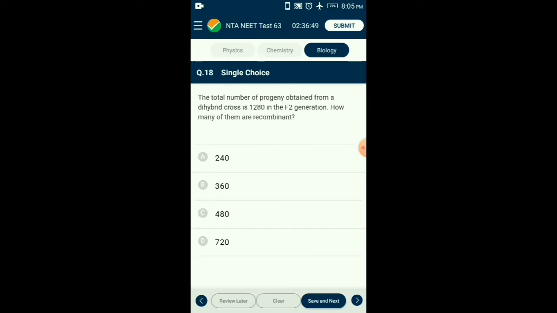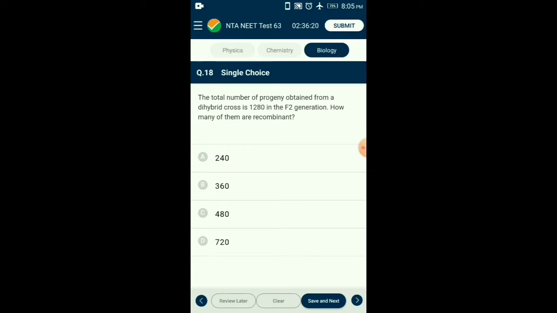Question number 18. The total number of progeny obtained from a dihybrid cross is 1280 in the F2 generation. How many of them are recombinant? In the F2 generation during dihybrid cross, normally 16 progeny will be formed. 10 of the progeny show the parental phenotypes and the remaining 6 progeny show new phenotypes involving recombination.